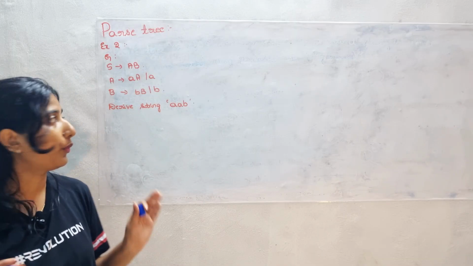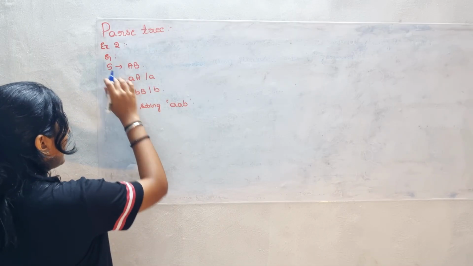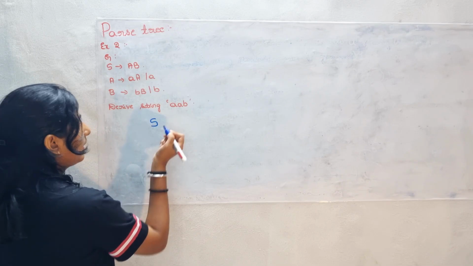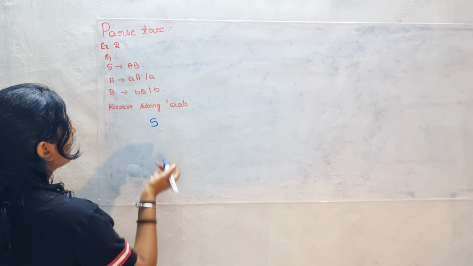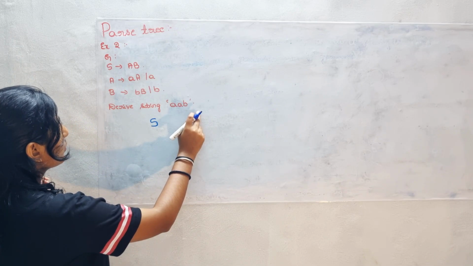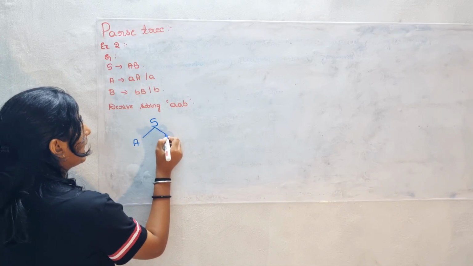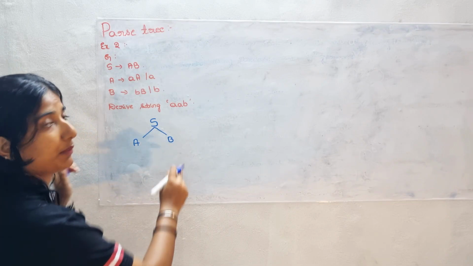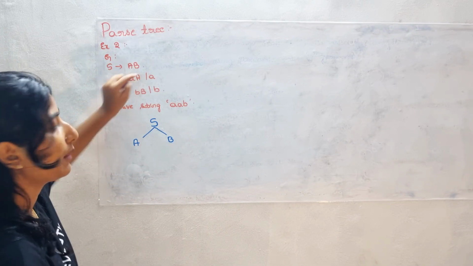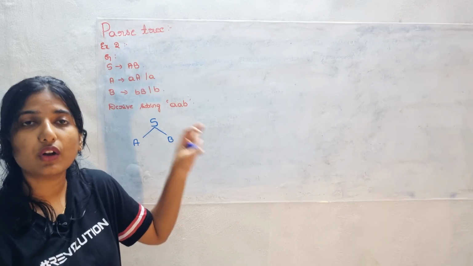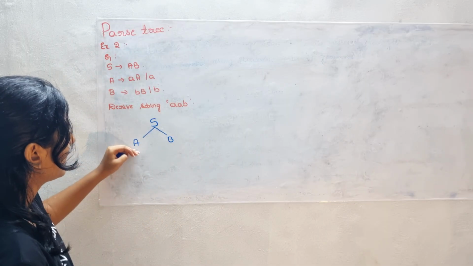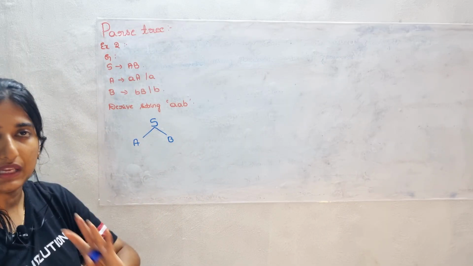So what is step 1? I am taking the start symbol S. Then I need ab, so I am taking the children of S, that is A and B. Because S derives AB means A and B are the children of S. So S has two children, A and B.